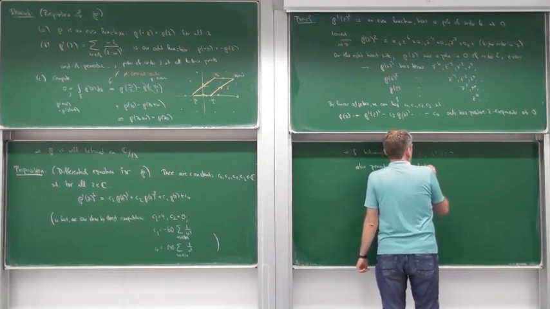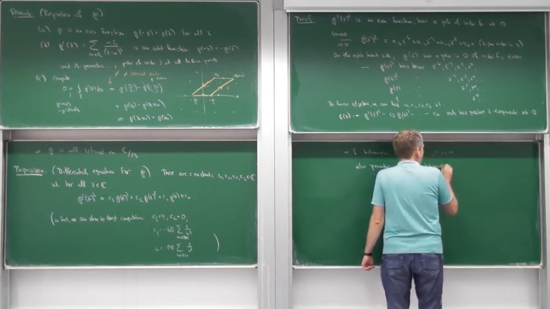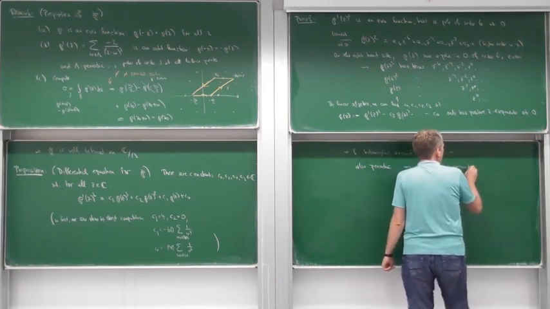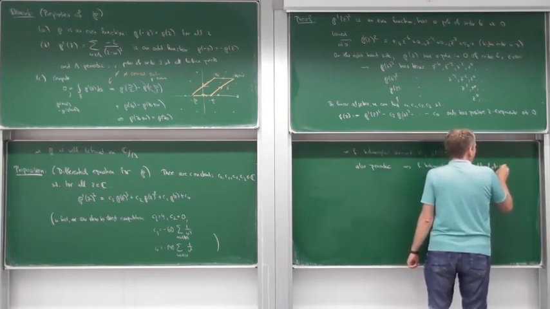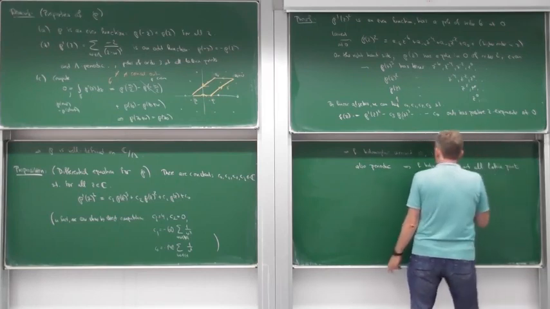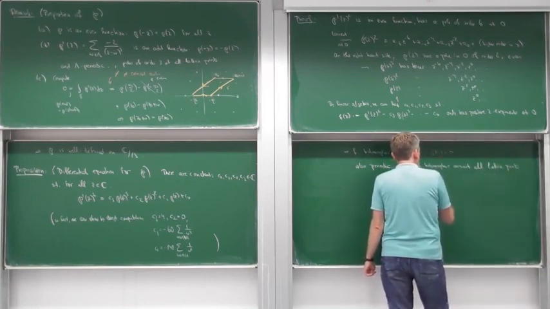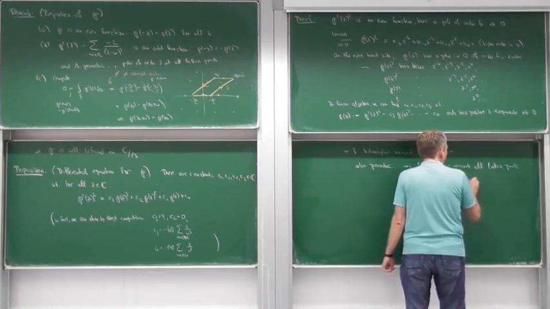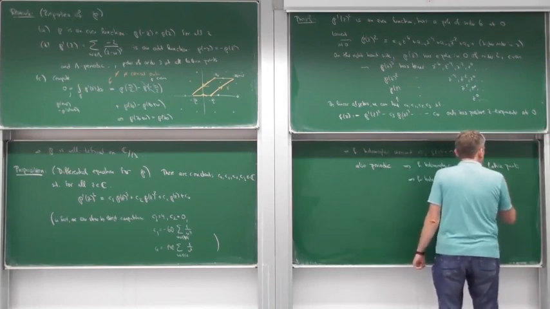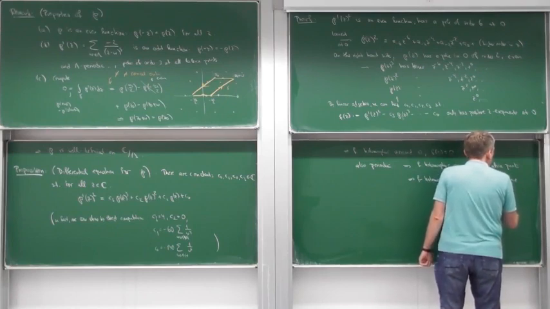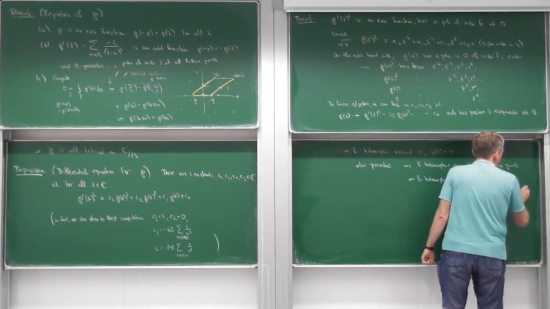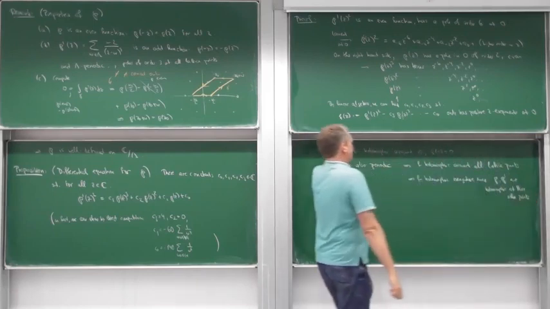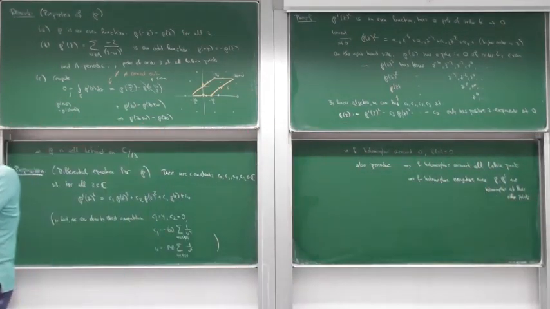So f is holomorphic around all lattice points, and also holomorphic everywhere else, since p and p prime are holomorphic at these other points. So it's a holomorphic function on all of C.